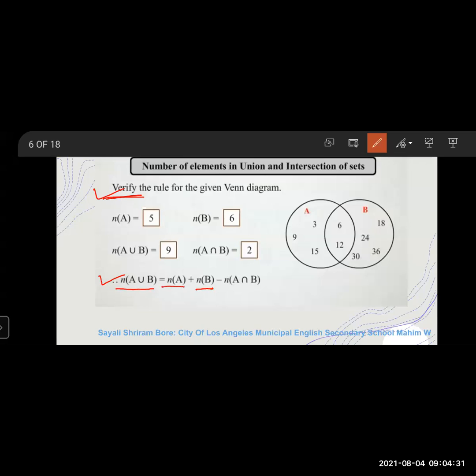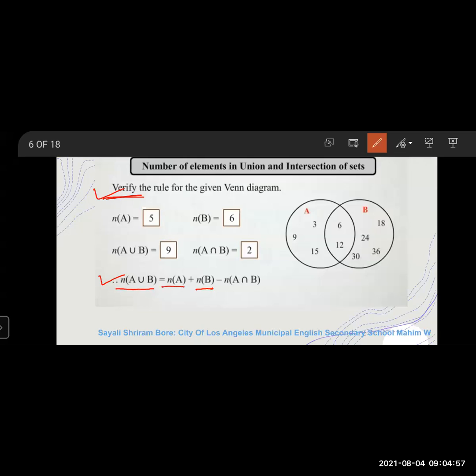First of all, union will always be on your left hand side, as it is the biggest set. And on the right hand side, the individual sets, the number of elements in set A plus the number of elements in set B, and subtraction of their intersection.